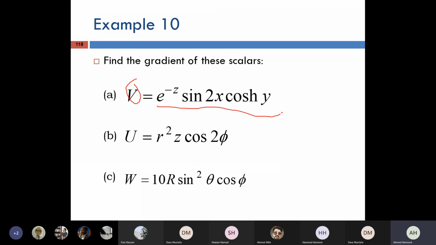We have to differentiate these equations based on x, y, and z. Why? Because we can see here the variable x, variable y, variable z. So this is Cartesian coordinates, and we have to copy this part.